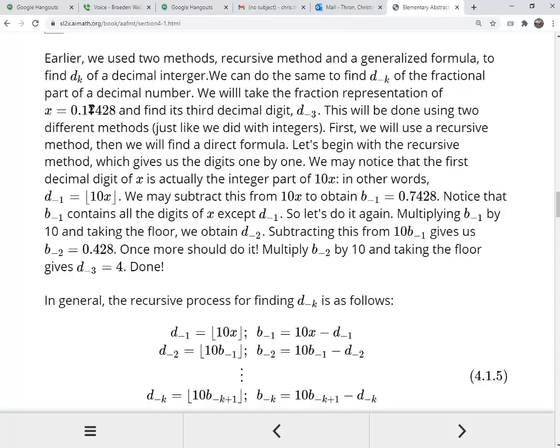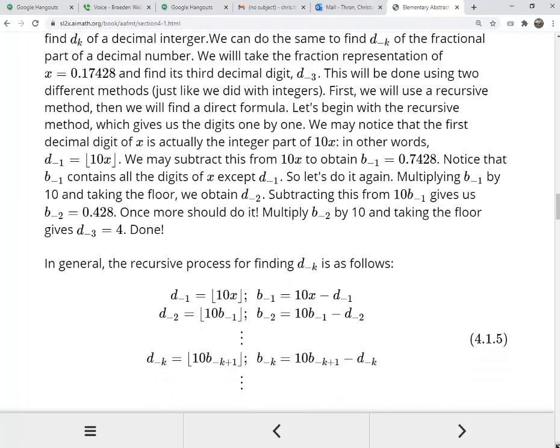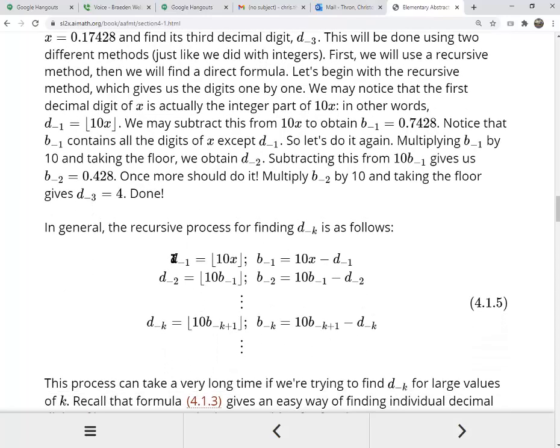All right, so just cutting to the chase down here, this is very similar to what we did with integers. We take our original number, we call it x now because it's not an integer, it's a real number, fractional number. All right, so what we do is we take 10 times our original number, take the floor, that's our 10th digit. Then we create this new number, b minus 1, which is 10x minus the 10th digit.